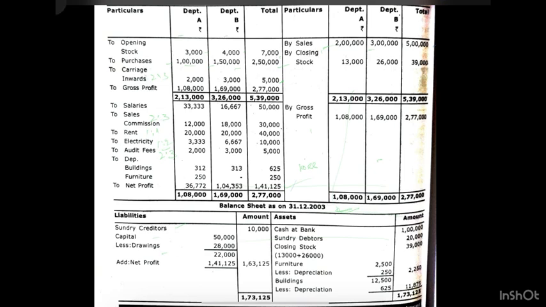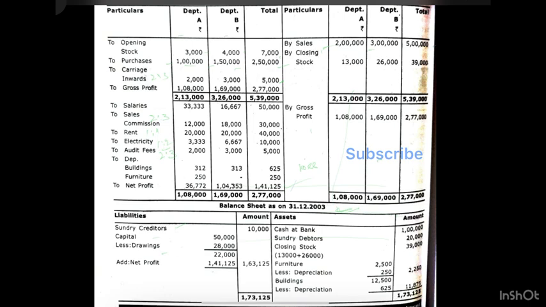Total 1,63,125 transferred to the outer column. Cash at bank, debtors: there are no bad debts and all, so directly we have taken to the outer column. Closing stock of Department A and Department B, total 39,000. Furniture less depreciation. Buildings less depreciation, sorry, the depreciation given is taken here, 625. The total becomes 1,73,125.